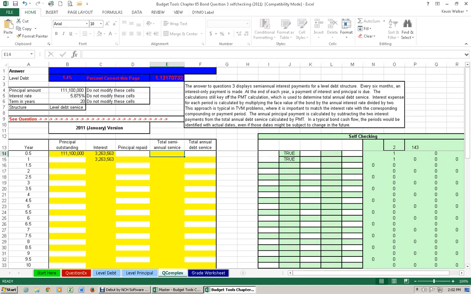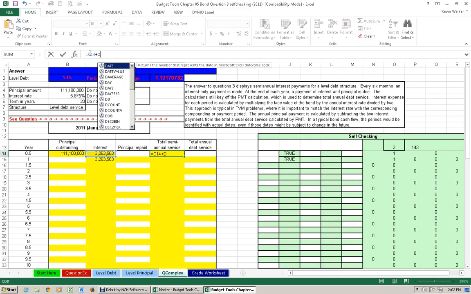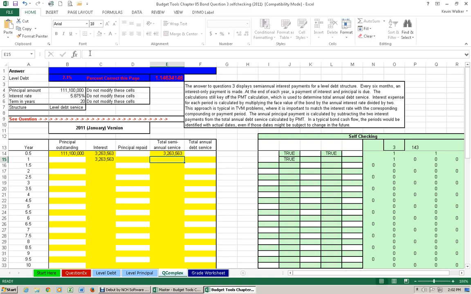So total semi-annual service, that's simply C14 plus D14, or you could just say C14. I mean, the effect is the same. Plus D14. See, again, true, because all you paid is interest at this semi-annual payment, your mid-year payment.